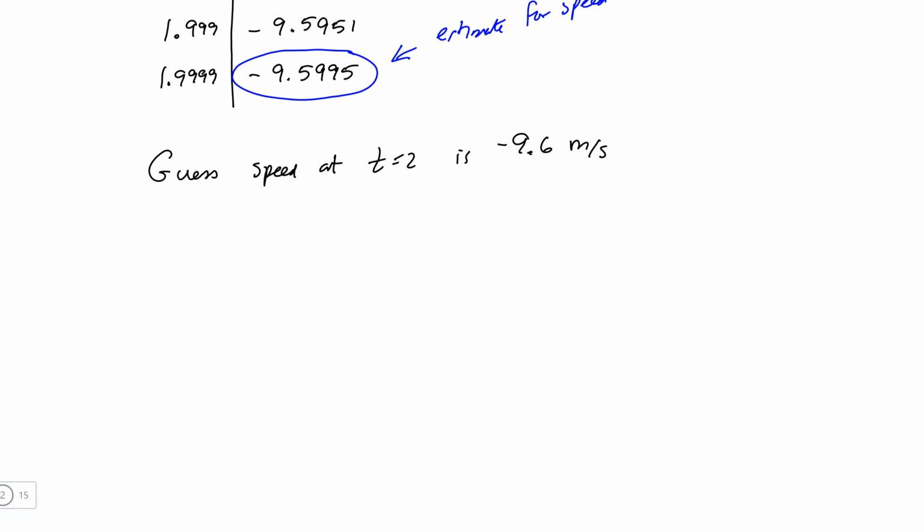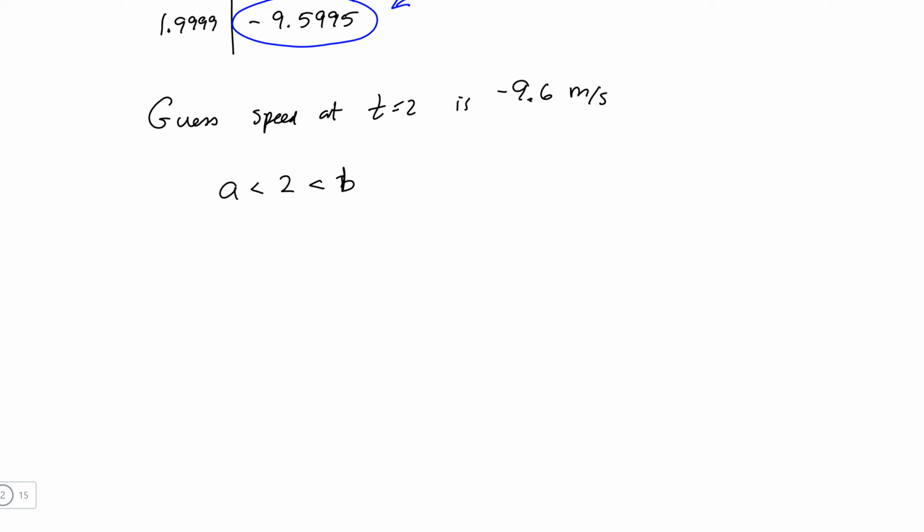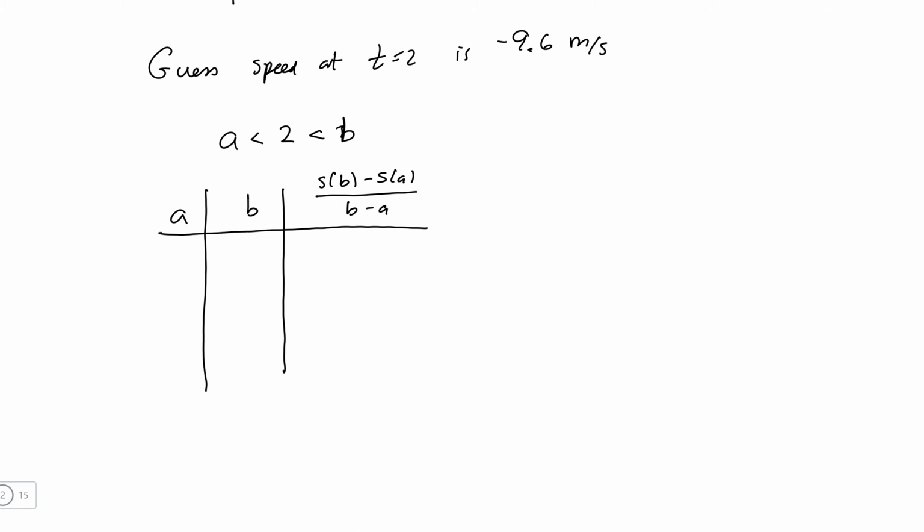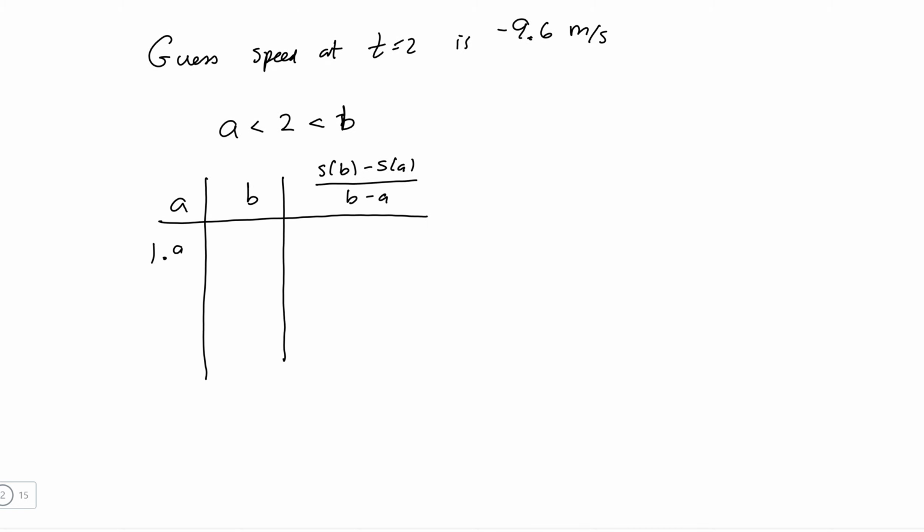The one other way we could do this is we could use a less than 2 less than b. So let's go ahead and make a table for this. I'm going to have values of a, values of b, and then S of b minus S of a over b minus a. We can take 1.9, 1.99, 1.999, and then 2.1, 2.01, 2.001.